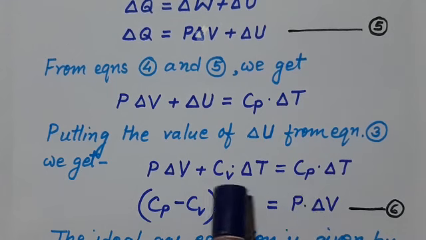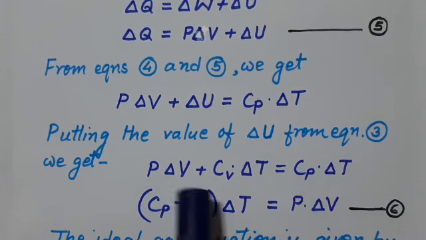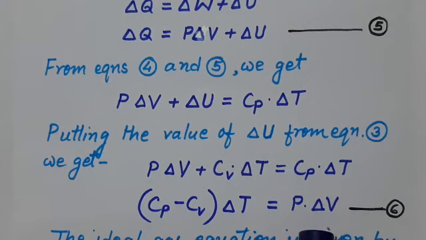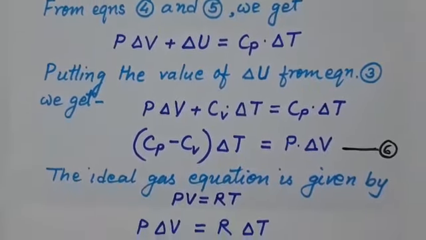Then Cp minus Cv into delta T, with delta T common, is equal to P into delta V. This is equation number 6.